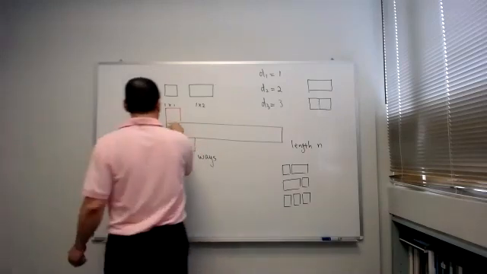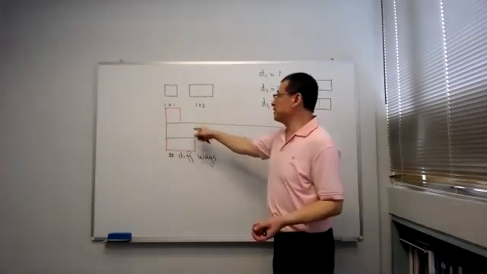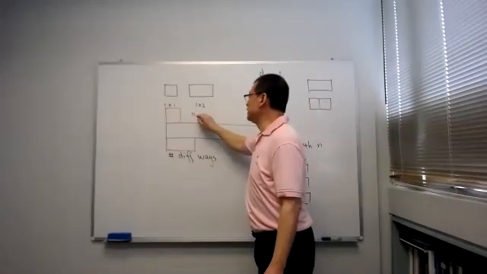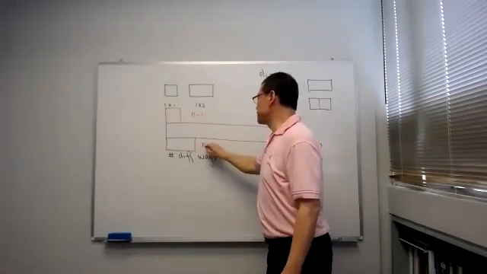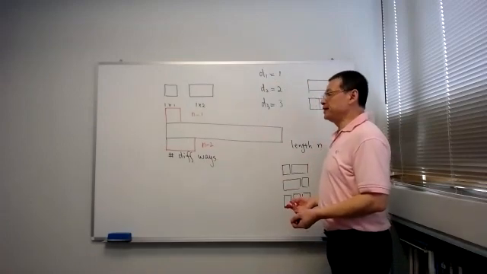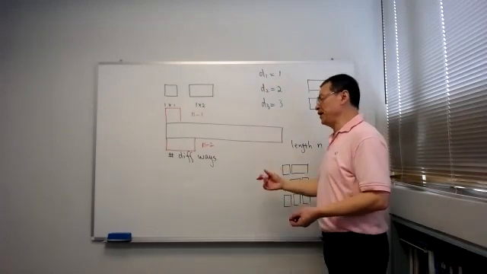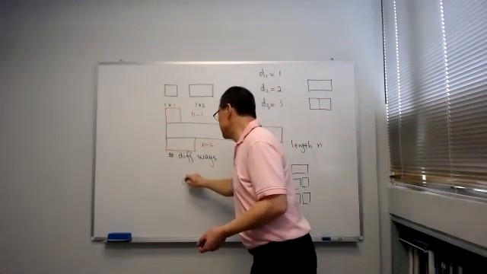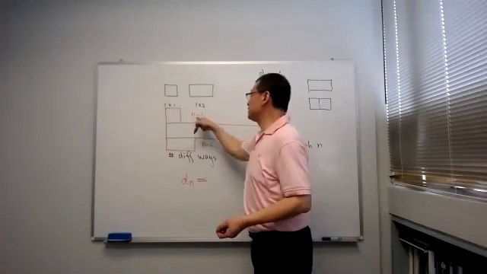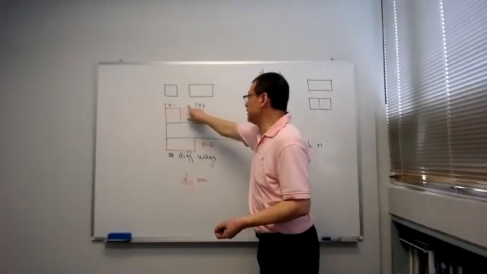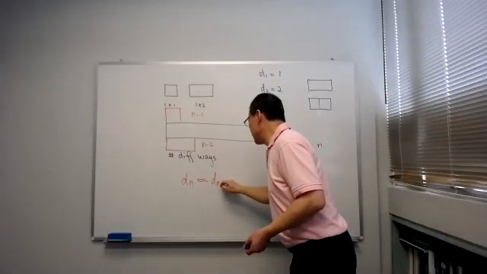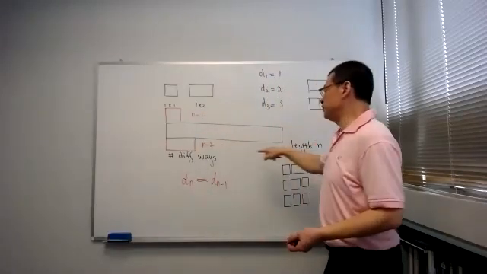Once we start with this one, the number of different patterns is the number of patterns for length n minus 1. Here will be n minus 1, and here will be n minus 2. So this gives us the number of different patterns in terms of previous values. So dn, the number of different ways, if we start with this one, is dn minus 1, the number of different ways for length n minus 1. Now here are the different ways for n minus 2.